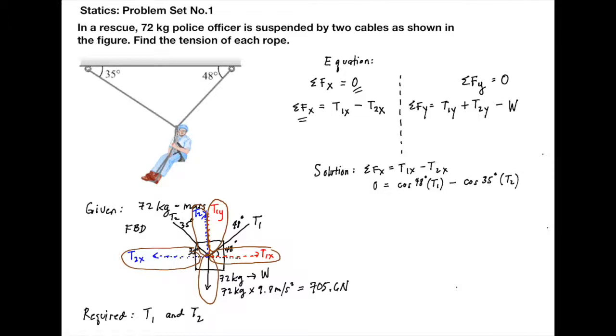And we could now take note that the value of cosine 48 degree, upon pressing our calculator, is 0.669 T1 minus the cosine of 35 degree, that is 0.819 T2.